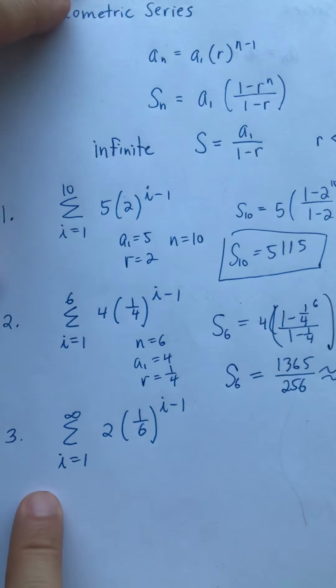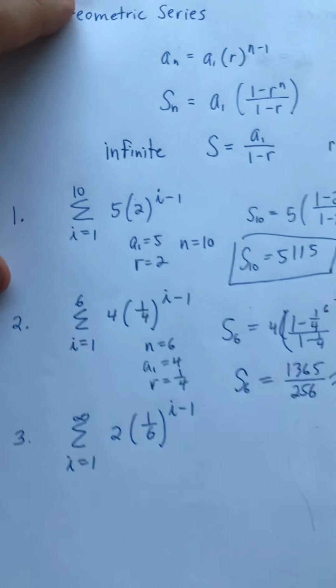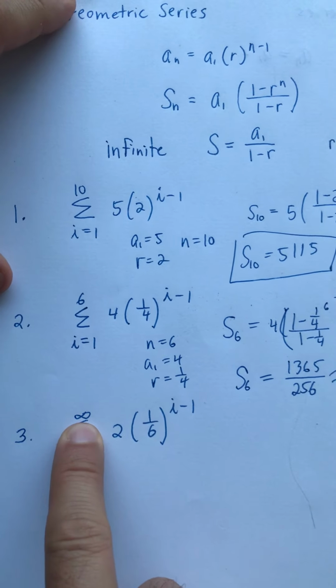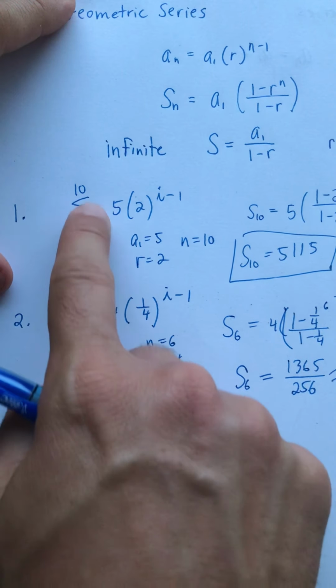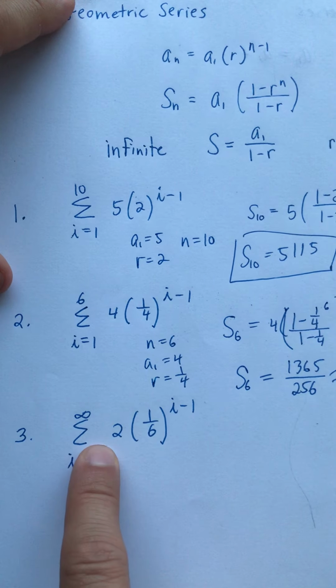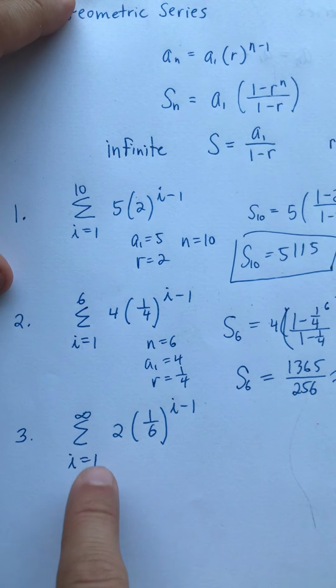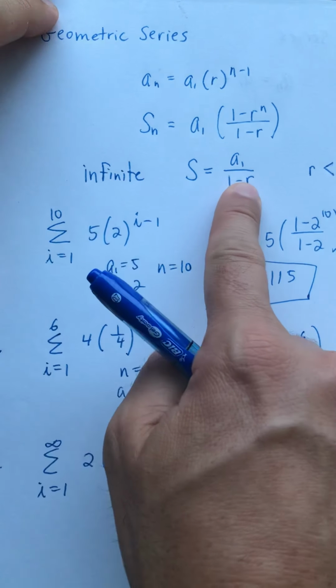All right, number 3 now, I'm finding the sum of an infinite series. So the first two, I'm adding a certain number of terms together. Number 1, I'm adding 10 terms. Number 2, I'm adding 6 terms. But number 3 is an infinite series from 1 to infinity. There's a separate, much easier formula for an infinite series.